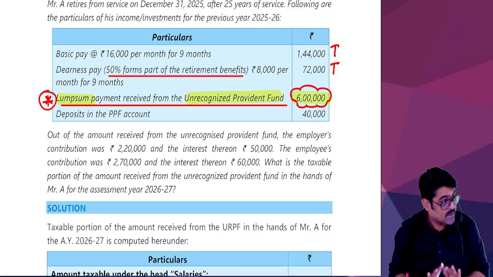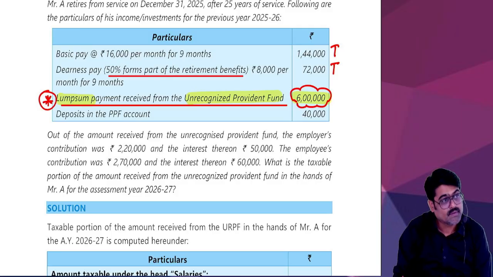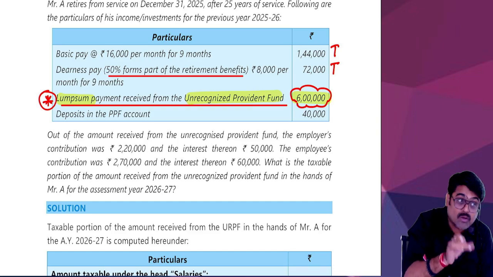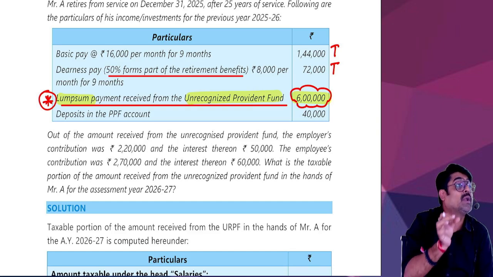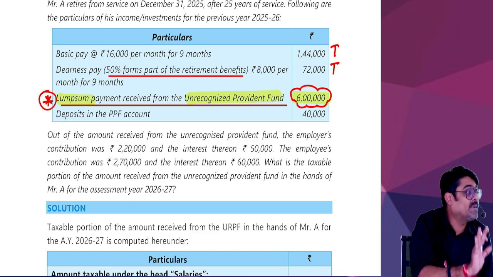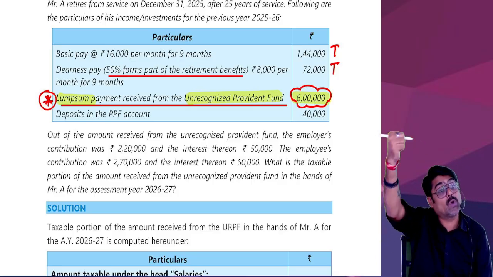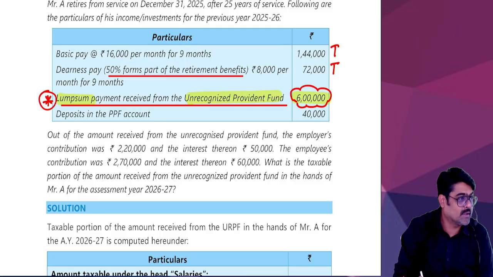So this year under the head salary, this entire 6 lakh will be taxable, no? Then out of this 6 lakh, employer's contribution and interest on employer's contribution will only be taxable under the head salary. Interest on employee's contribution will go to IFOS, income from other sources.